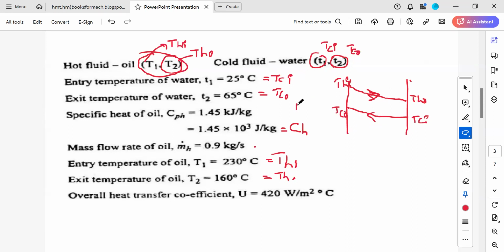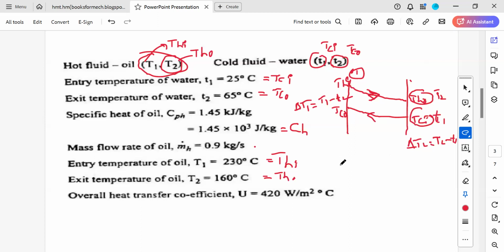The temperature difference at section 1 is delta T1, equal to THI, that is T1, minus TC naught, that is small t2. Similarly, at section 2, delta T2 is TH naught, that is T2, minus TCI, small t1.